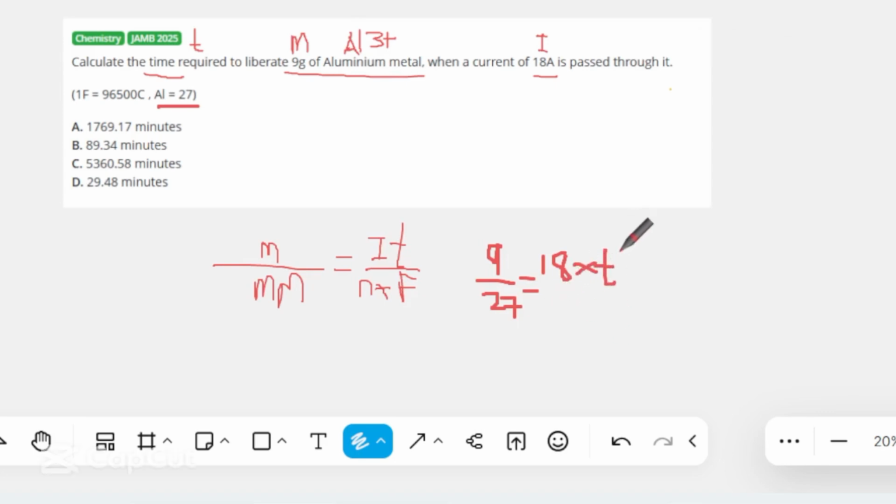Please don't forget that, because in the standard units, the time is in seconds. Divided by the number of moles of electricity, n, which is 3, times Faraday's constant, 96,500 coulombs.